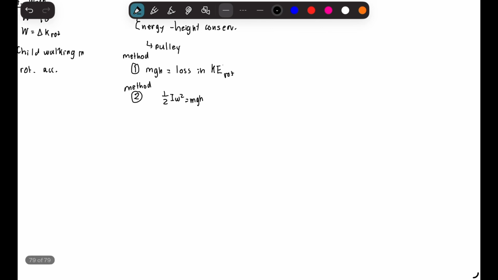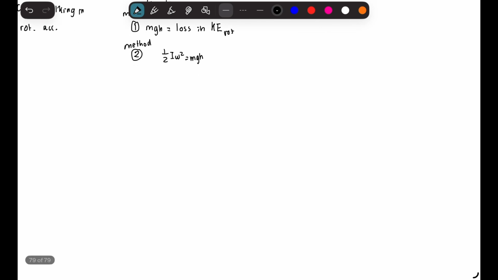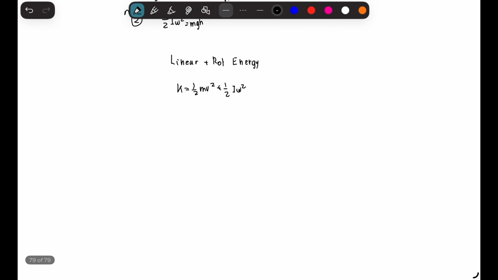In addition, when you have linear plus rotational energy, you have K equals 1/2 m v squared plus 1/2 I omega squared. It combines both.